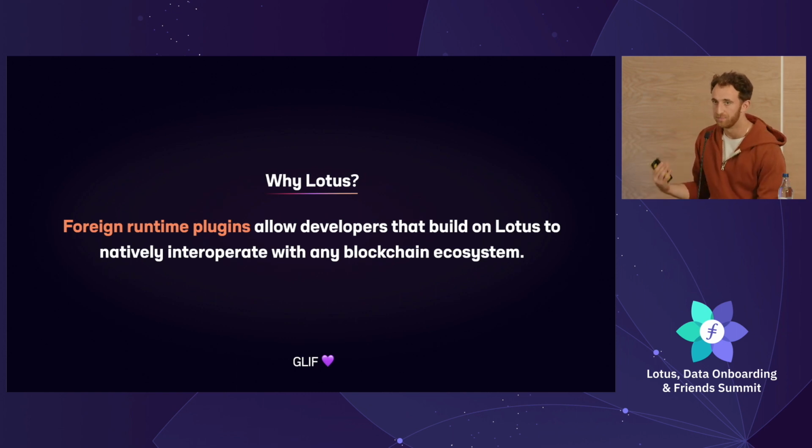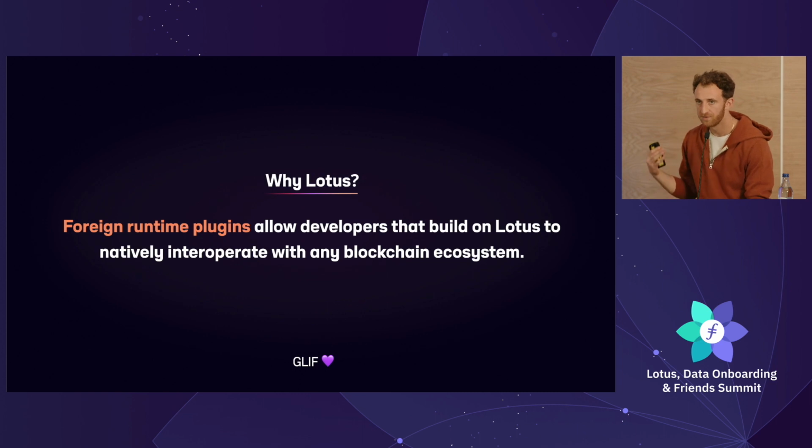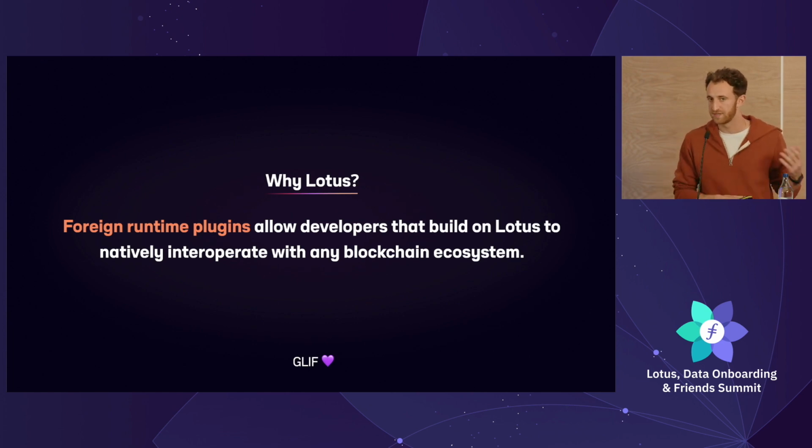They allow us to build smart contracts on Filecoin, the FVM, but also make that protocol available in different blockchain ecosystems so that the users and the developers don't need to change so much and learn so many new things in order to test drive it and experiment and build on it.